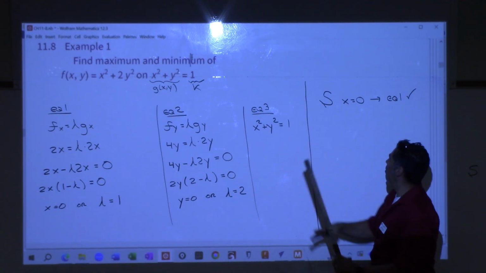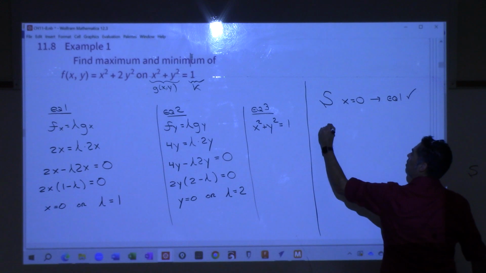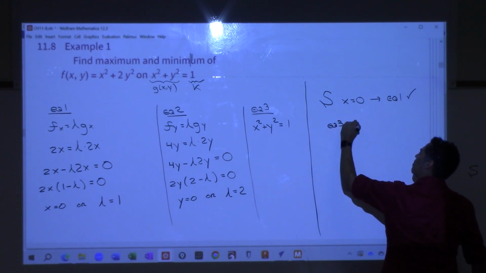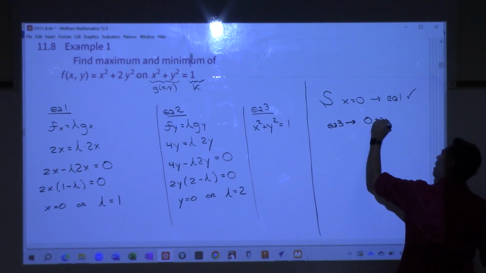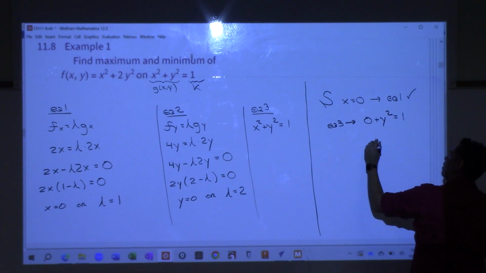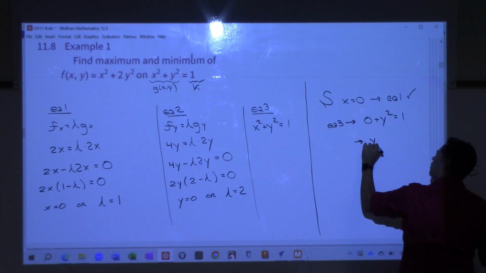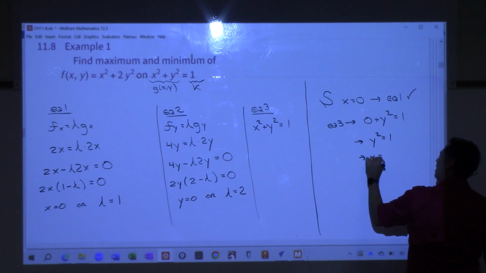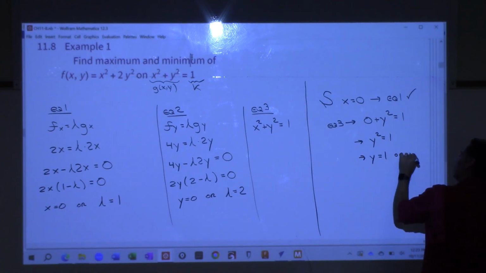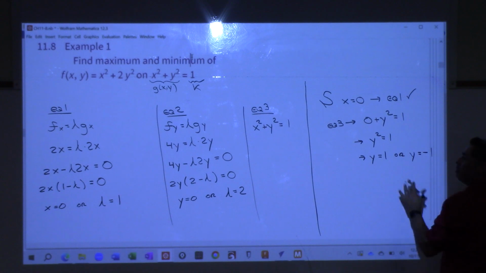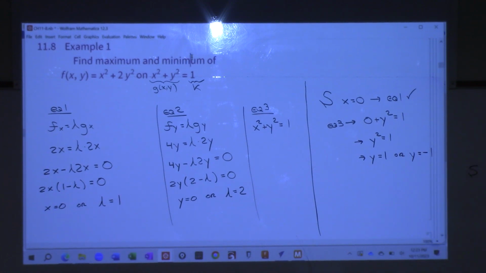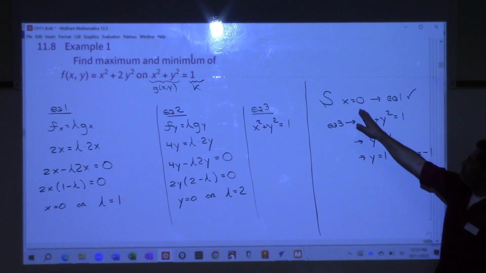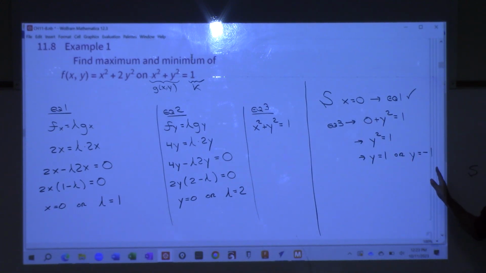Well, if x is 0, then equation 3 now tells me what? 0 plus y squared equals 1, which means that y squared must be 1, which means y must be 1 or y must be negative 1, right? Plus or minus 1. So when x is 0, y has to be plus or minus 1. Yes?